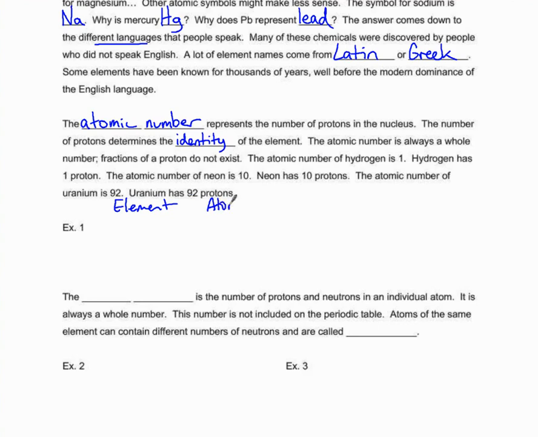Element, its atomic symbol, its atomic number, and let's write it out, the atomic number and the number of protons.